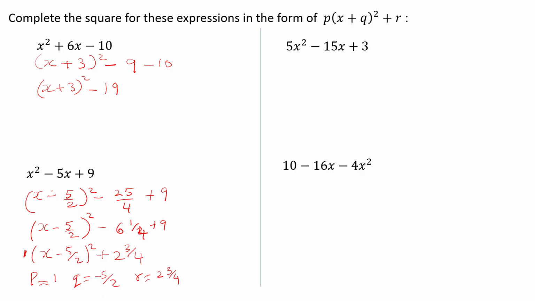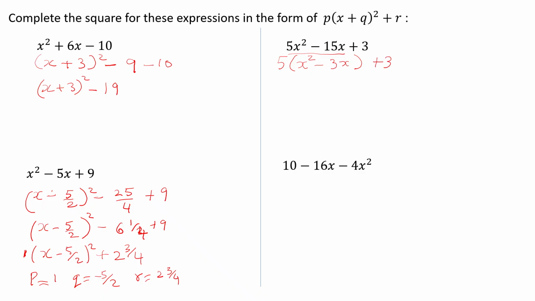Next one, 5x squared minus 15x plus 3. Before I do the completing square, I'm going to factorize these two terms. So I'm going to take 5 out of the bracket. So 5 times x squared, 5x squared, so minus 5 times 3x, 15x. Then plus 3.